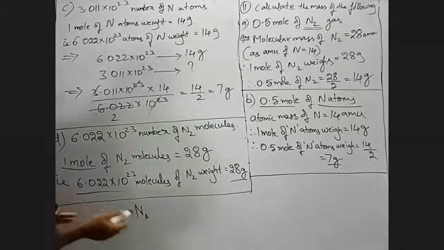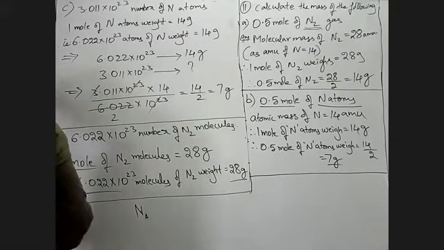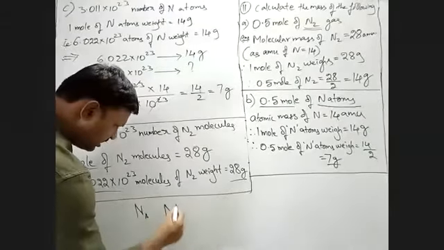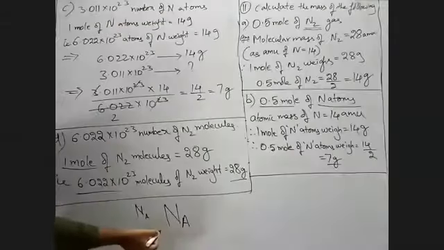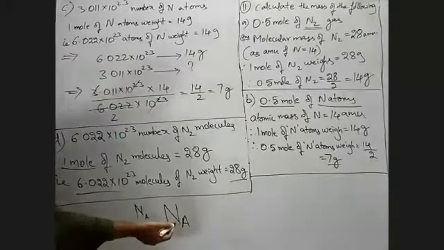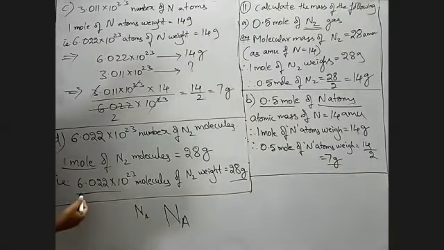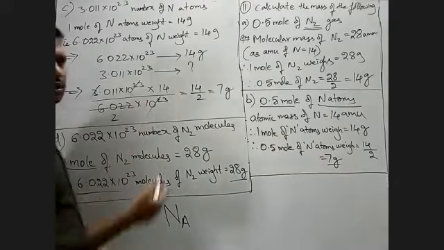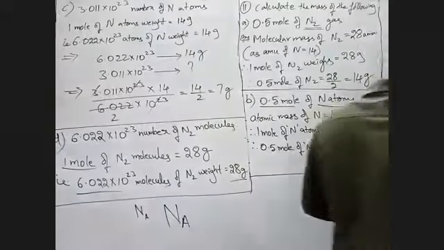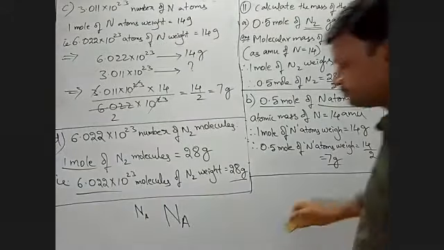Na means Avogadro number. Generally in some books it is written like this also, where Na is nothing but 6.022 into 10 power 23. Okay, students.